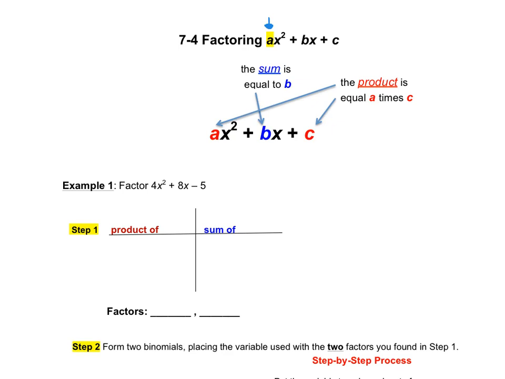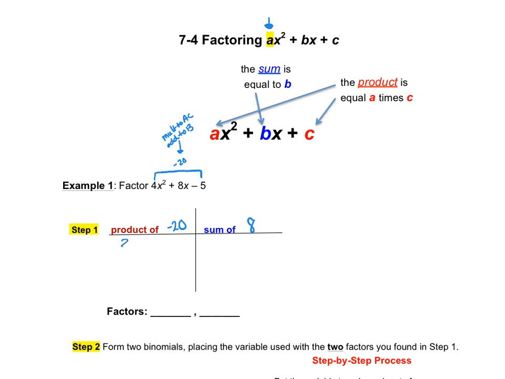So therefore, what we're going to do is multiply a times c. So 4 times negative 5, negative 20. So this time we want two things that multiply to AC, which is the negative 20, but add to 8. So they still add to B. Let's see what our options are.